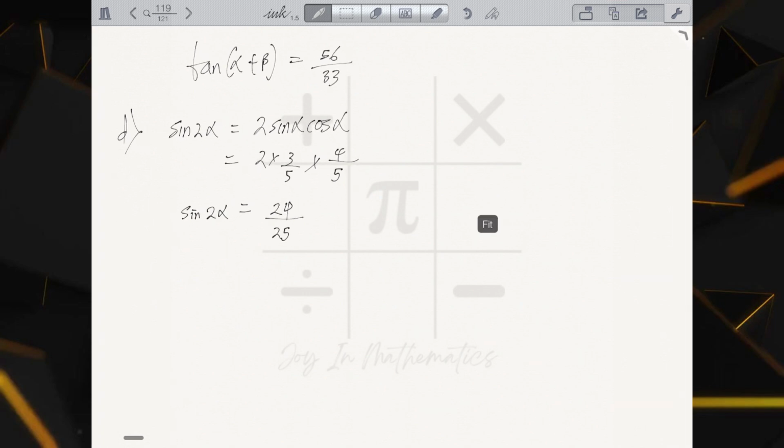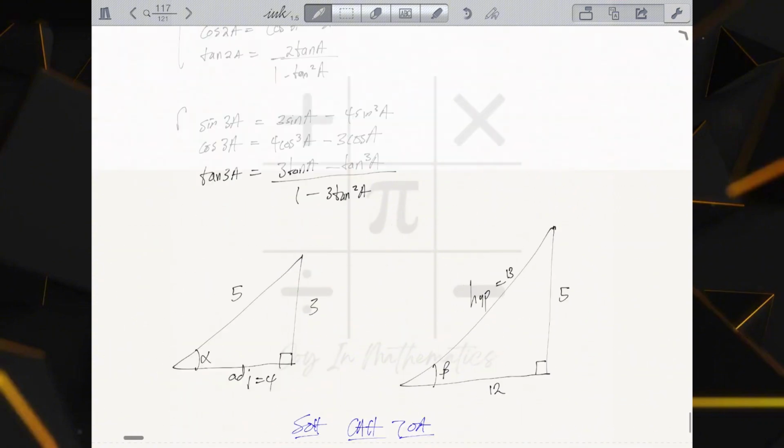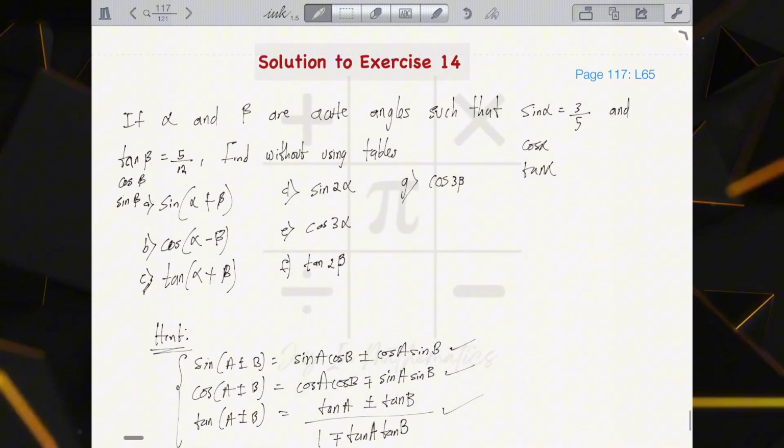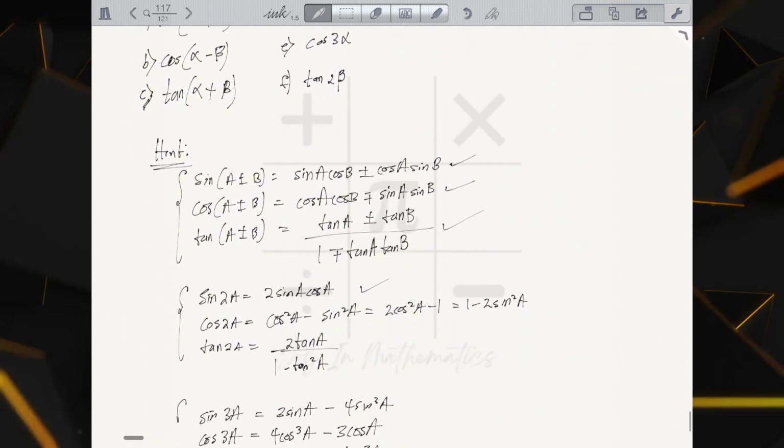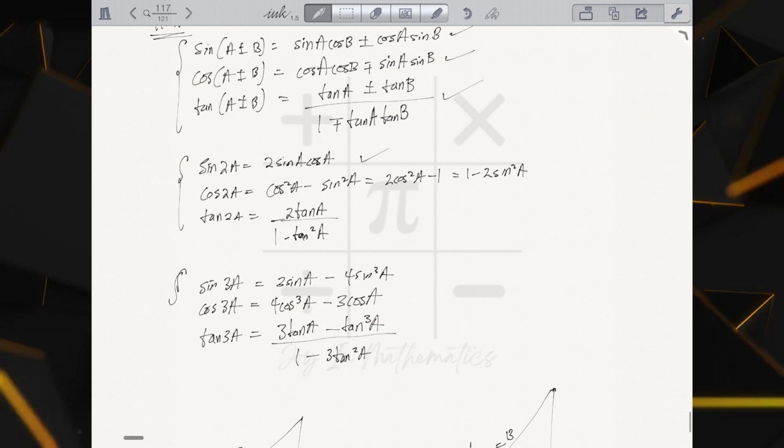Let's proceed further and move to the fifth question. That's question number 5. We're asked to simplify cos 3 alpha. Now, cos 3 alpha will be an expression that involves the triple angle formula. So we have it for cos 3a: cos 3a equals 4 cos cube a minus 3 cos a.